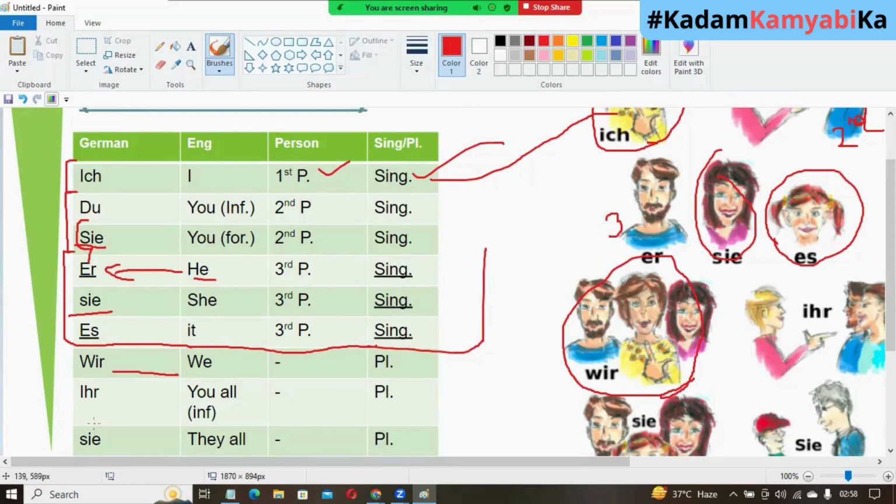But if we are referring to a group of people, more than one, on an informal note, then it will be called ihr. I capital HR, ihr. This ihr is the plural form of du. You informal, you all informal. This wir is the plural form of ich, I and we.